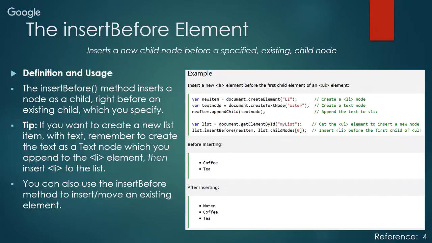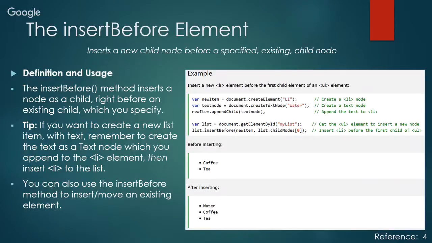Maybe we typed a list and we forgot to add Moroni in there. So we need to go back into the list of books and add one. The insertBefore method is going to insert a node as a child right before an existing child, which you'll specify. If you want to create a new list item with text, then remember to create the text as a text node, which you'll append to the list element and then insert into the list. You can use the insertBefore method to insert or move an existing element. So we'll use this if we need to edit or shuffle around our lists of books in here.